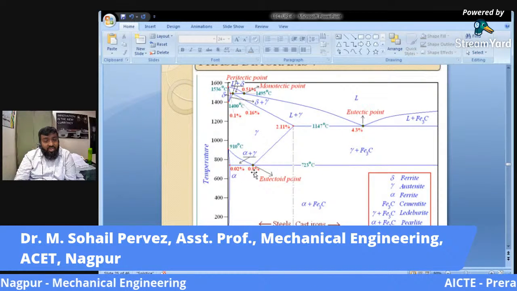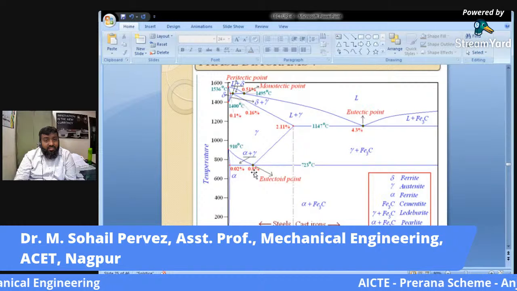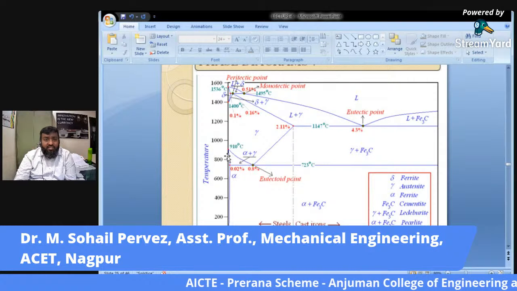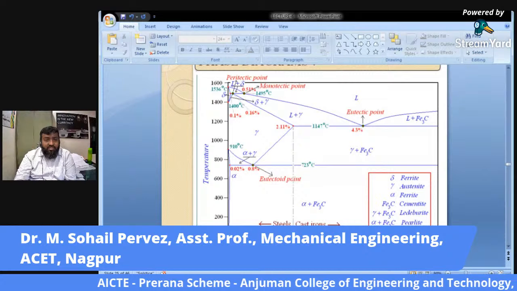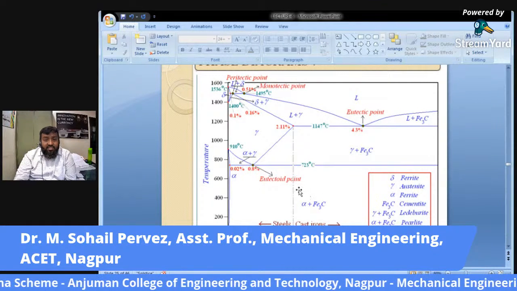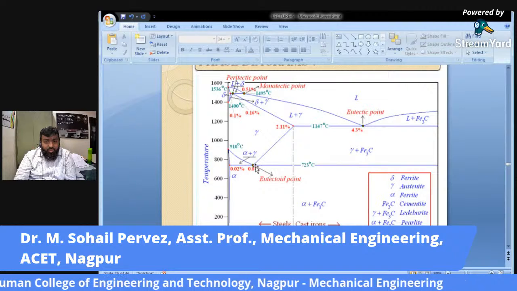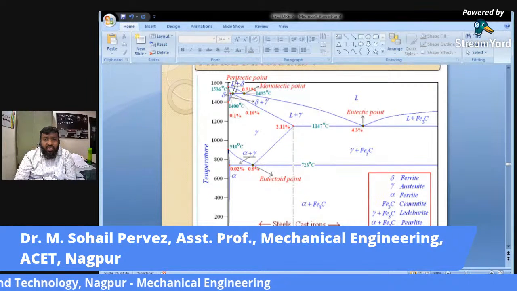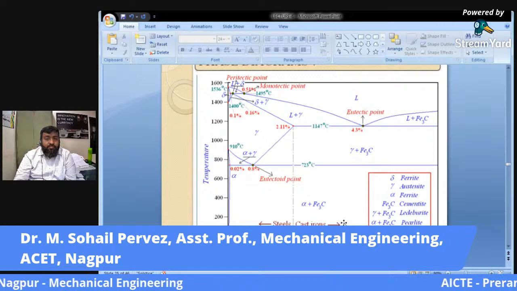0.02% carbon to 0.8% carbon in iron. So this is alpha, the solidus phase. The next is the eutectoid point, generally B. This is the eutectic point, generally A, we used to call, and these are the different phases.